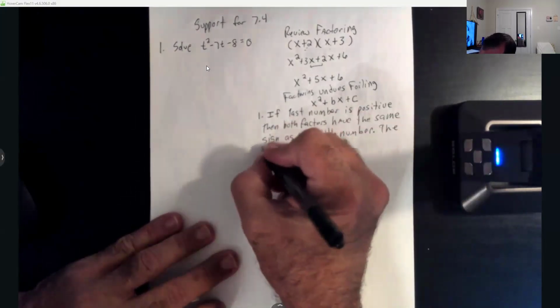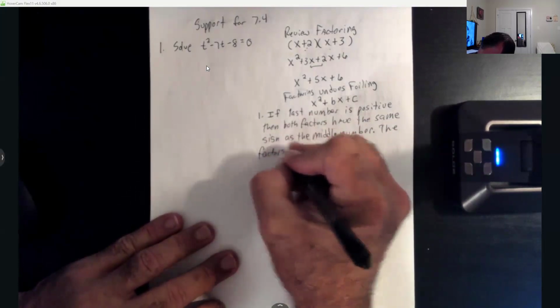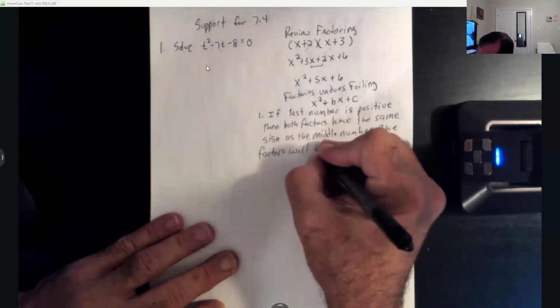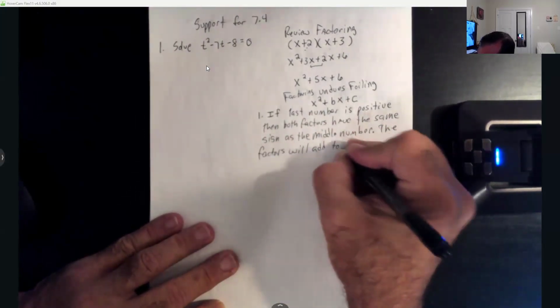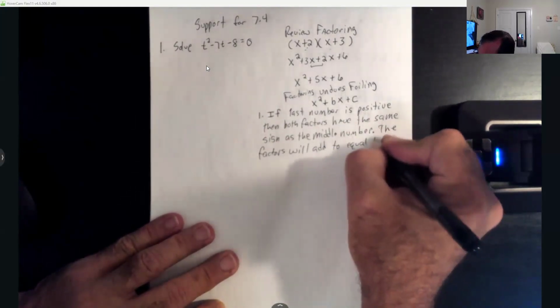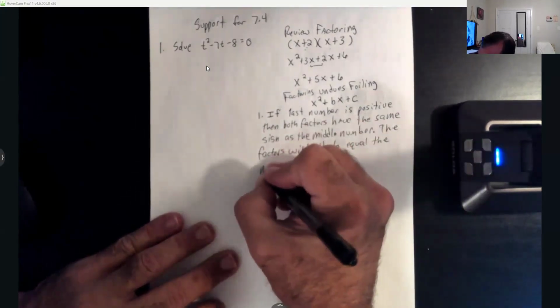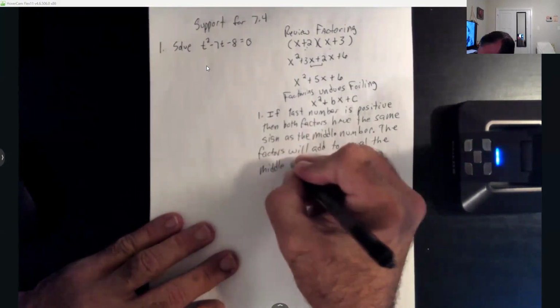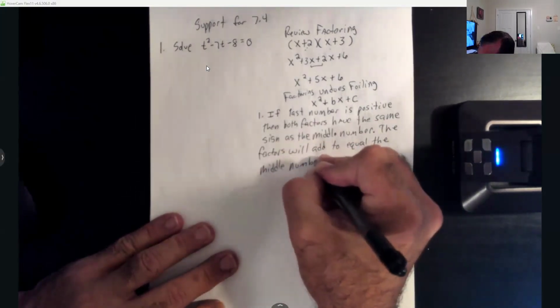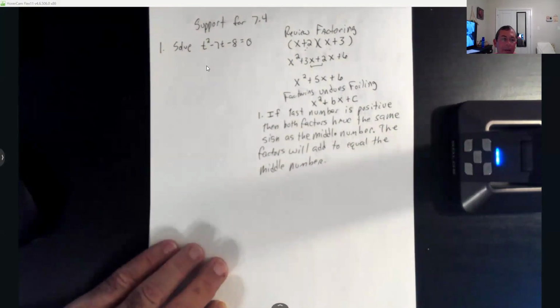The factors will add to equal the middle number. Okay?